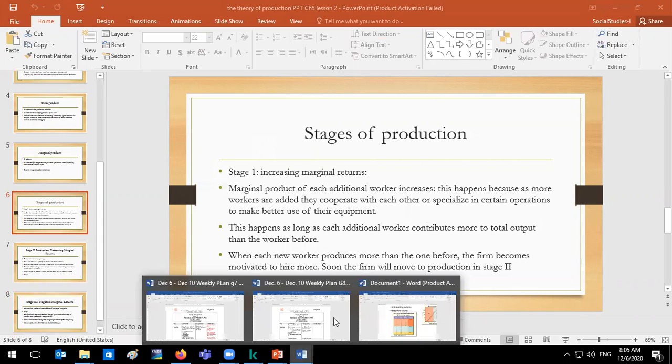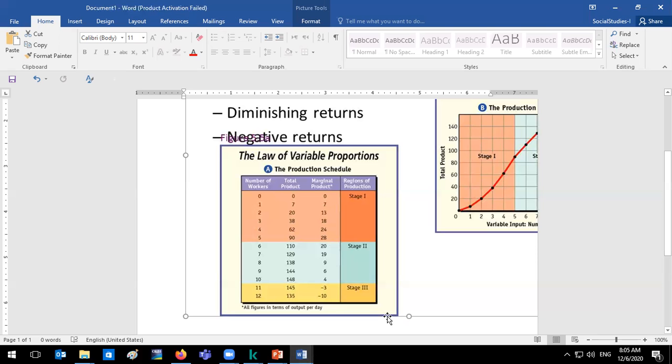Where are my marginal returns in this table, Maya? Column number 3. These are my marginal returns. Looking at them, I started out at 0, then went to 7, 13, 18, 24, and then 28.